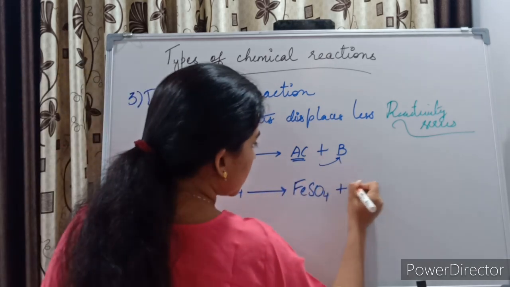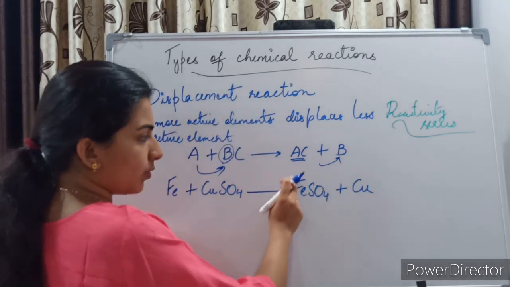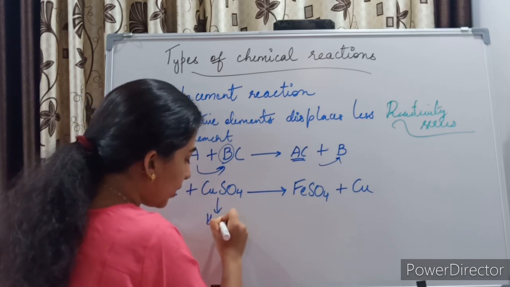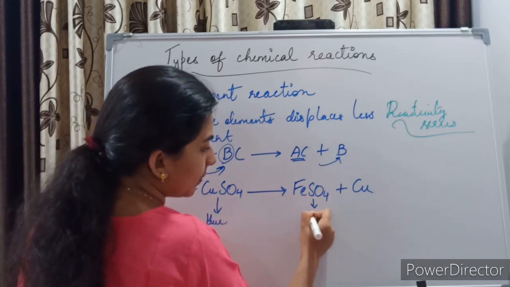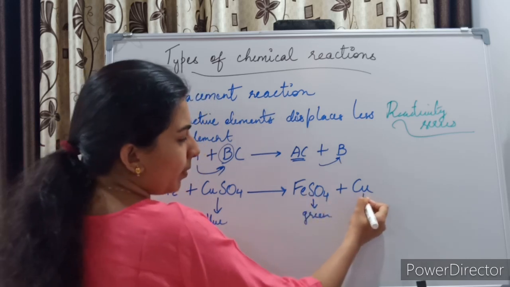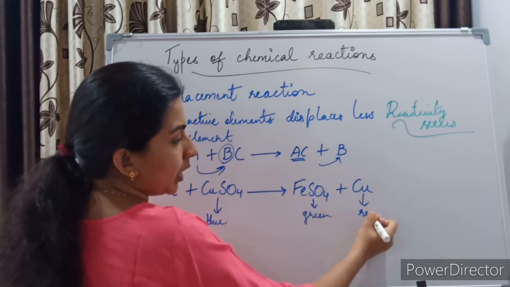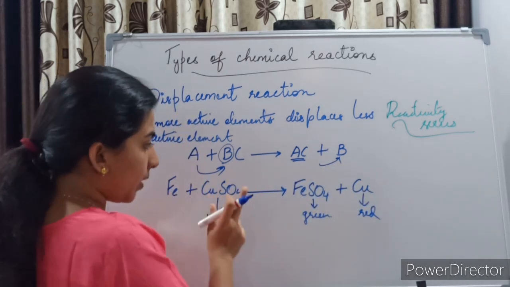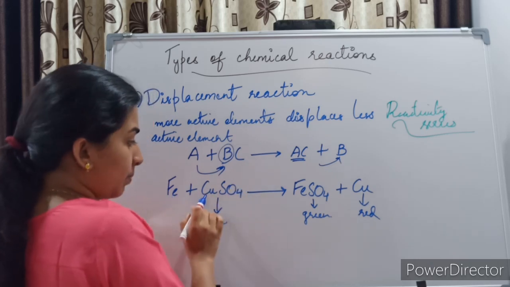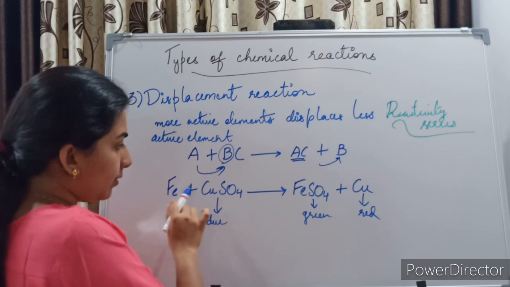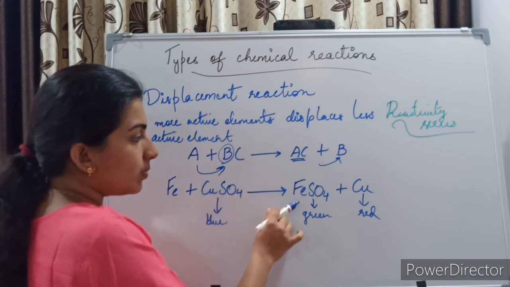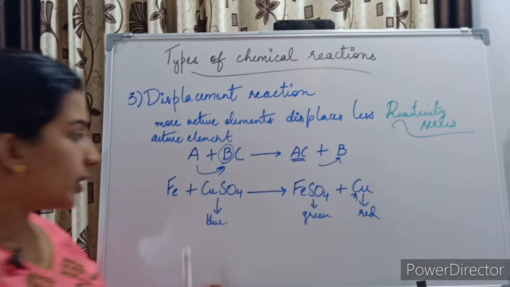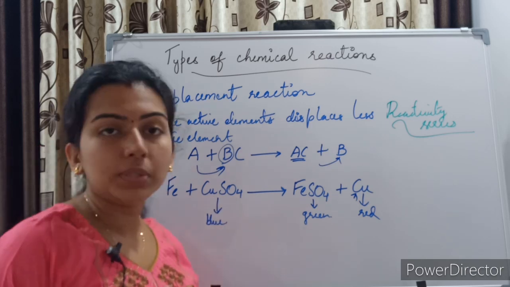This is because of the formation of FeSO4 solution. Copper sulfate solution is blue and ferrous sulfate solution is green. And copper gets deposited as a red precipitate. So here a displacement reaction is taking place because iron is much more reactive than copper. Iron replaces copper from copper sulfate and forms ferrous sulfate, and it throws out the copper. So the color of the solution changes from blue to green.